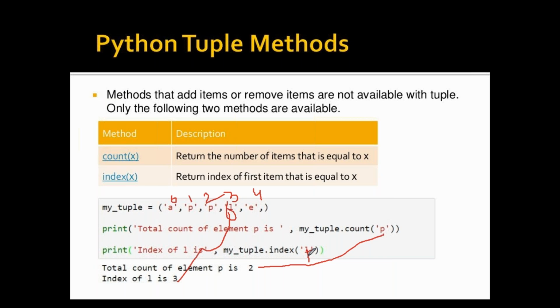The output would be 1 only, because the first occurrence in the given tuple is displayed. Please make a note: in any programming, list or array or tuple or dictionary, only the first occurrence will be displayed for the given index. Understand, right?